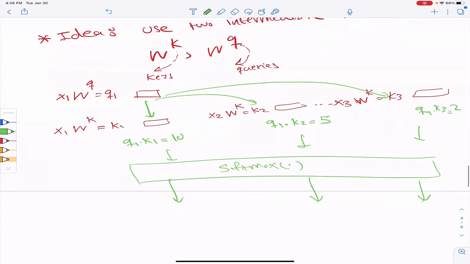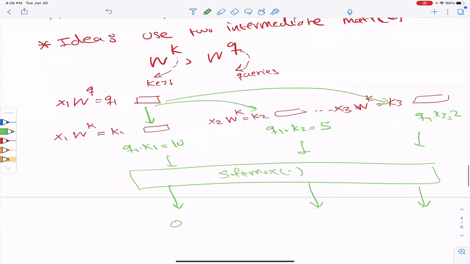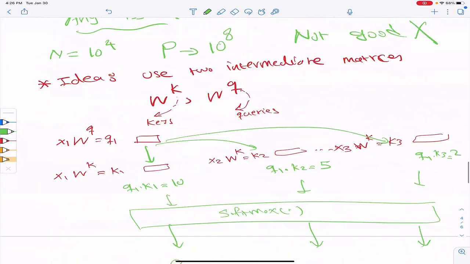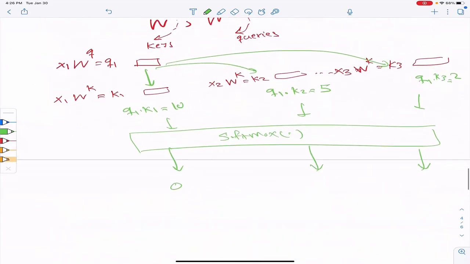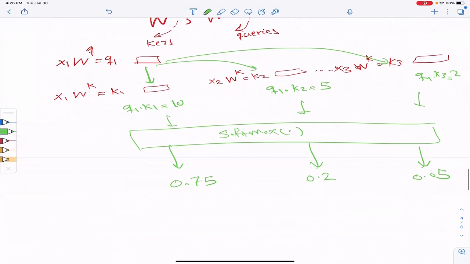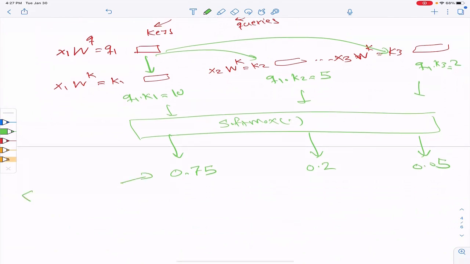I really don't know what would be the softmax value, but just for consistency, I'll say 0.75, 0.2, and 0.05. This will be the first row in my matrix P. That's how I constructed the attention probabilities.